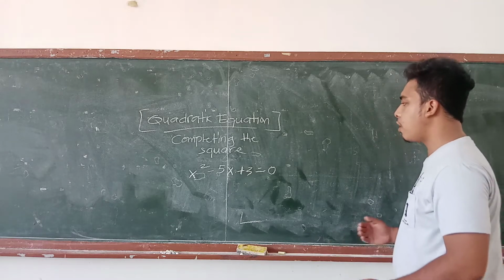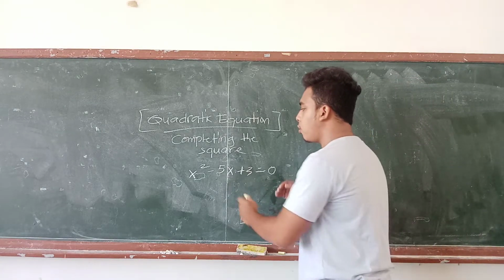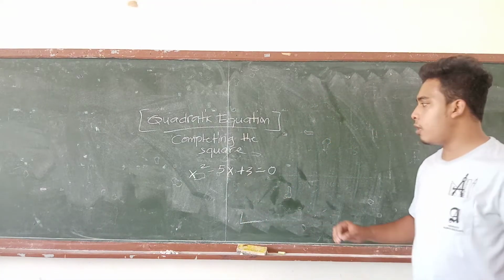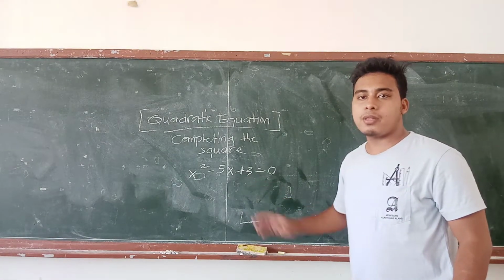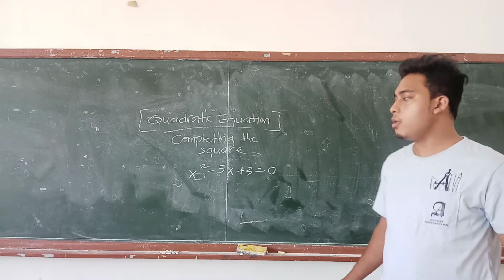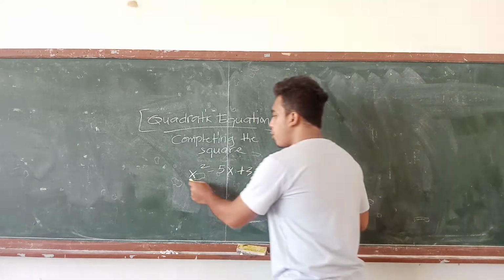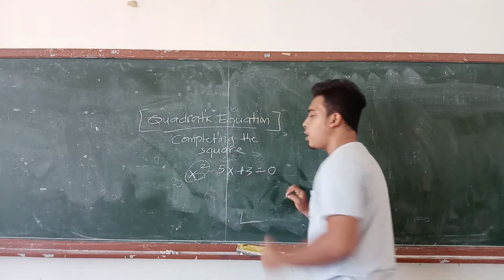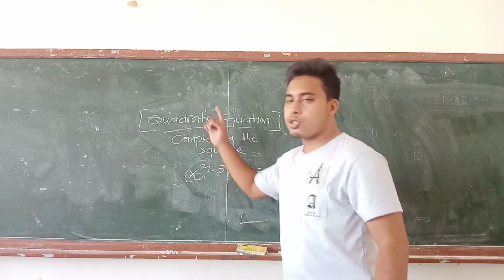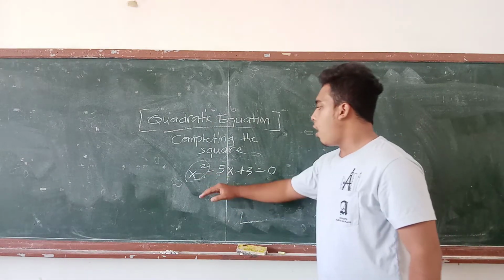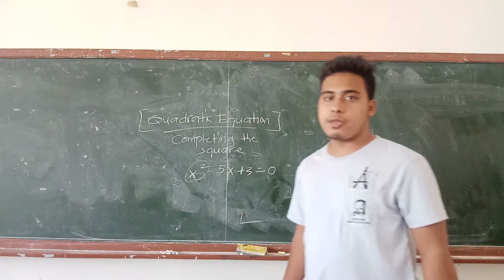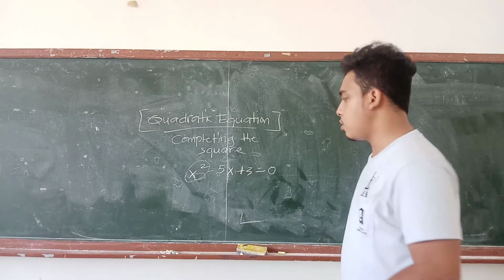Before we evaluate what method to use, let's first evaluate if this is a quadratic equation. Since the first term of this equation is x squared, where the highest exponent is 2, this equation is considered a quadratic equation.